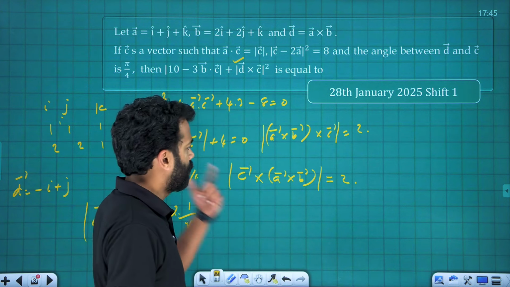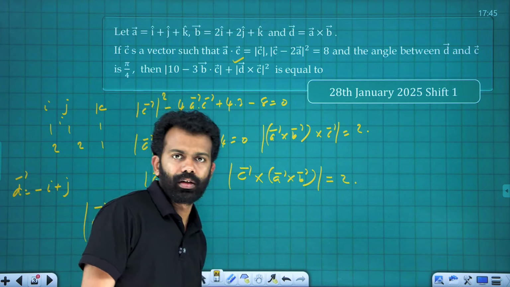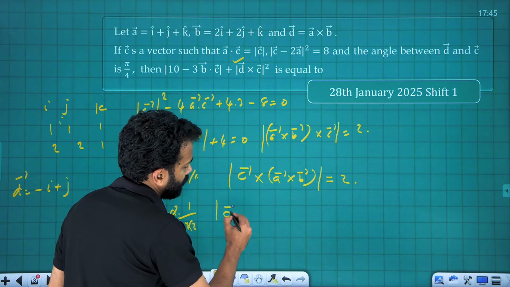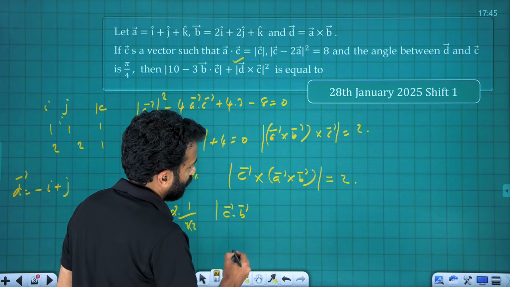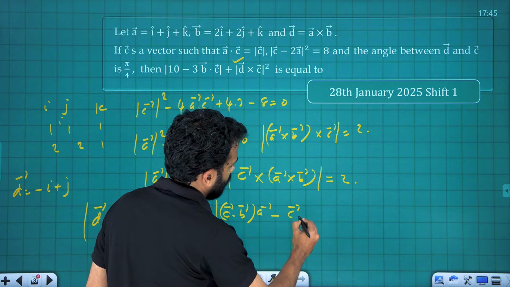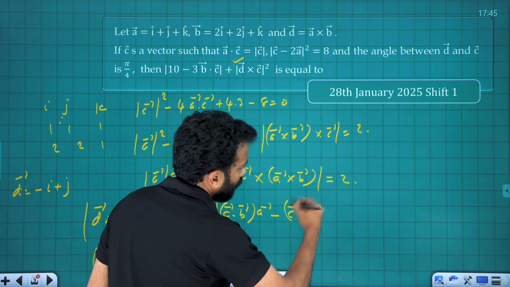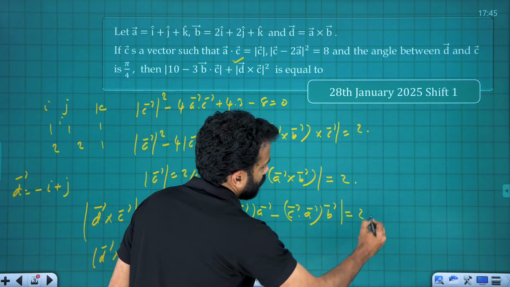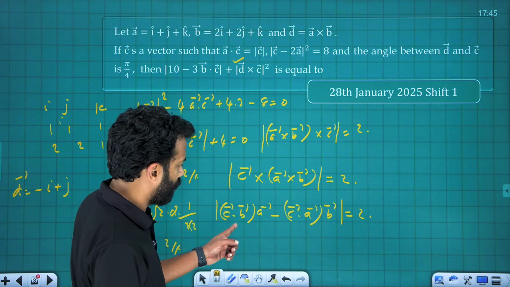Since the magnitude is applied here, apply the vector triple product. You will get magnitude of vector C dot vector B into vector A minus vector C dot vector A into vector B, equal to 2.